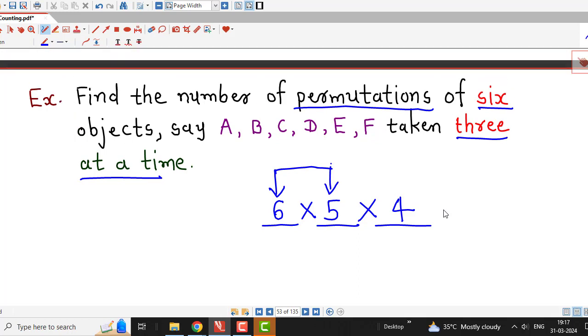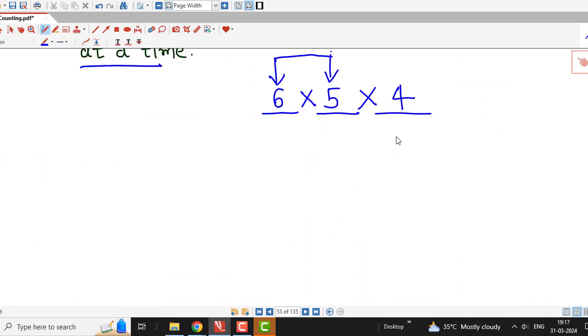So in this way, using product rule also we can count the number of permutations of given objects taken a number of objects at a time. And we are having a ready-made formula also, which we are familiar with from our school level also.